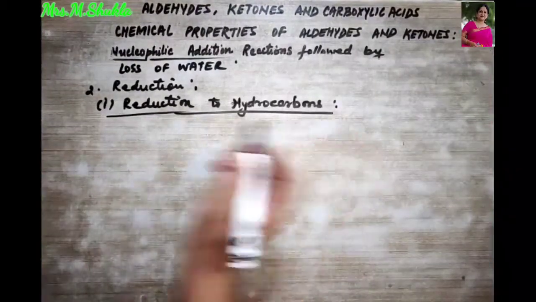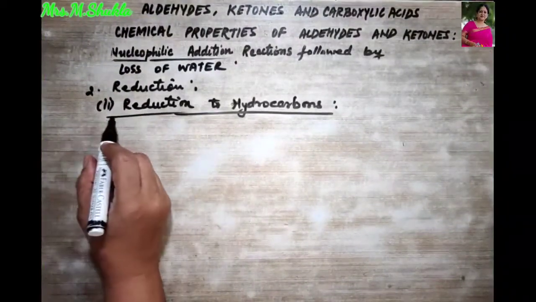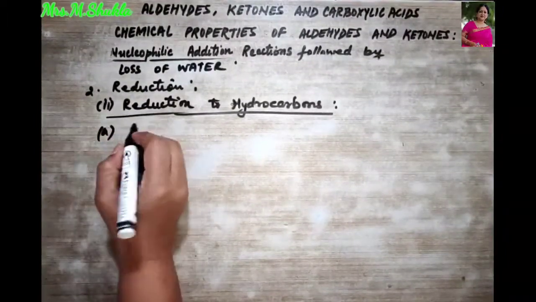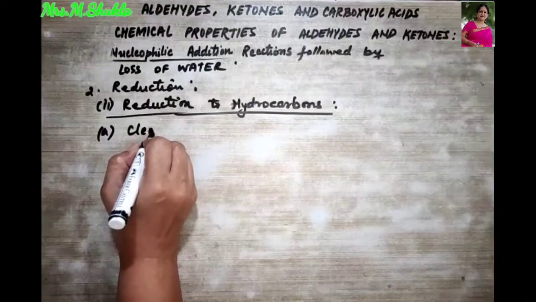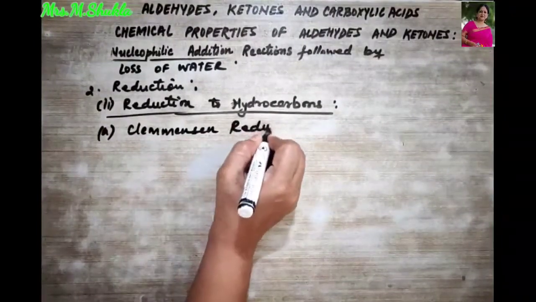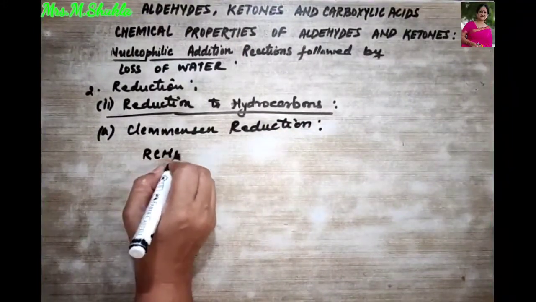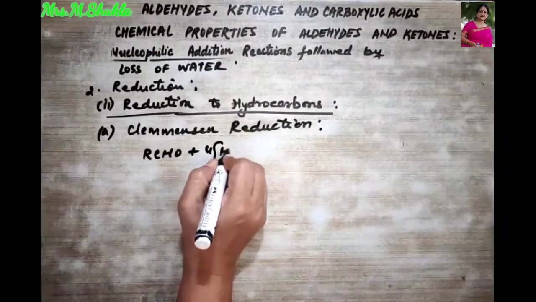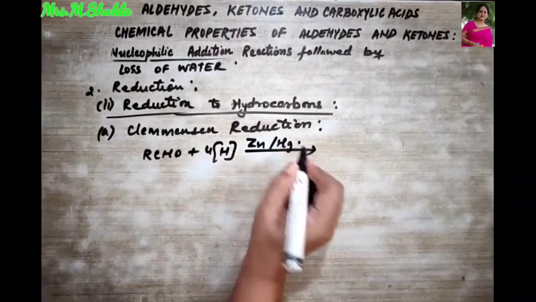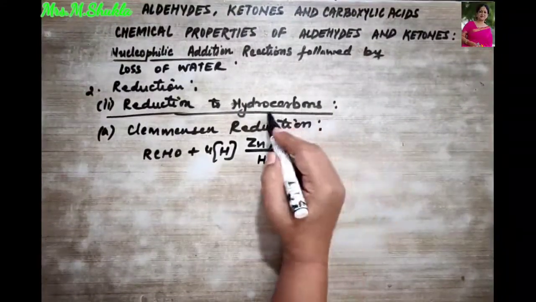So in the reduction to hydrocarbons, this will be your second reaction. First let us understand the Clemmensen reduction. In Clemmensen reduction, the aldehyde is reduced in the presence of zinc amalgam and HCl and gives us a hydrocarbon.